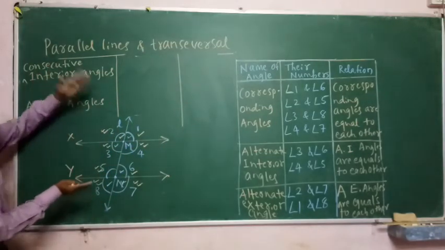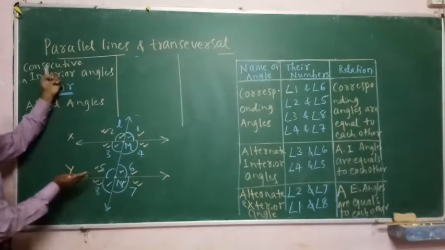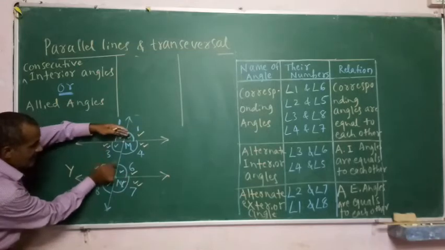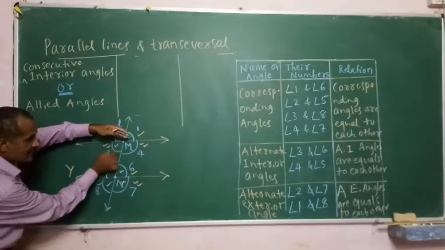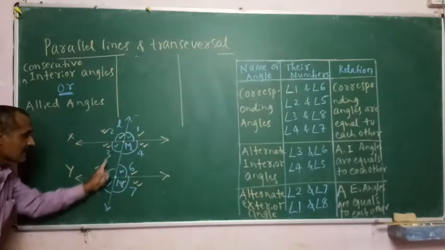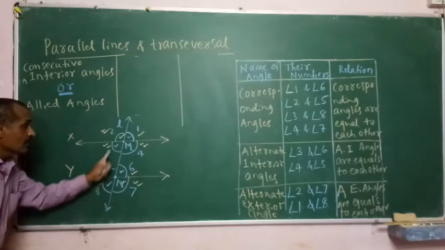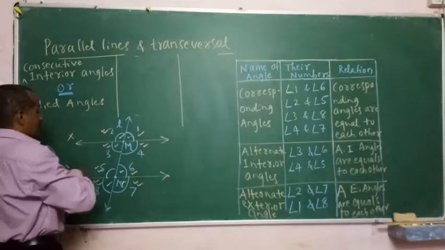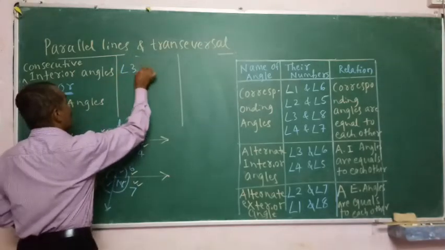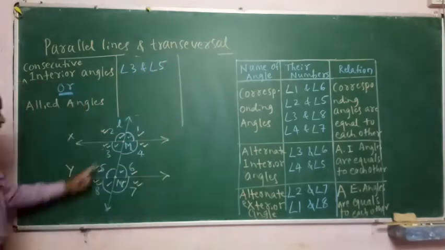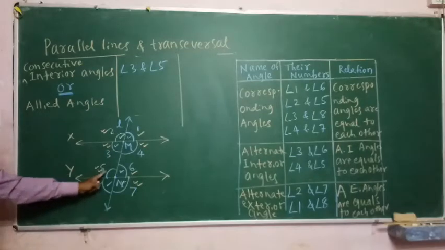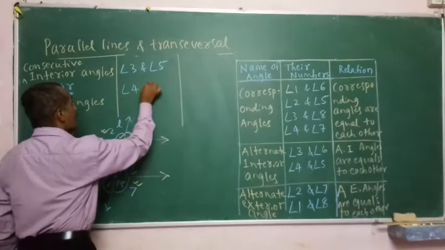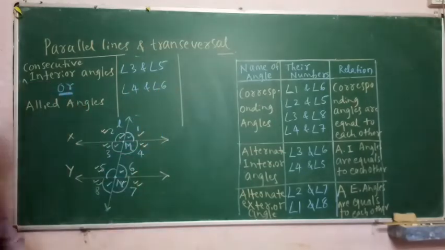Which are the allied angles or consecutive interior? The name itself says they are interior but consecutive. These are alternate interior angles, and these are called allied angles or consecutive interior angles. Angle 3 and angle 5, and angle 4 and angle 6.